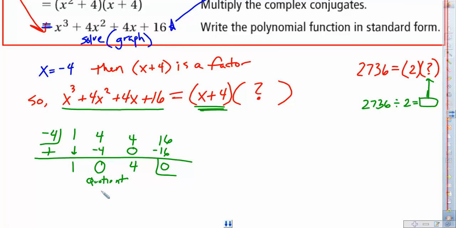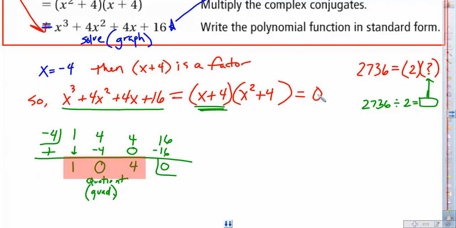And that quotient is a quadratic function. And that quadratic function, the way it looks, would look just like this now, wouldn't it? It would be x squared plus 0x plus 4.